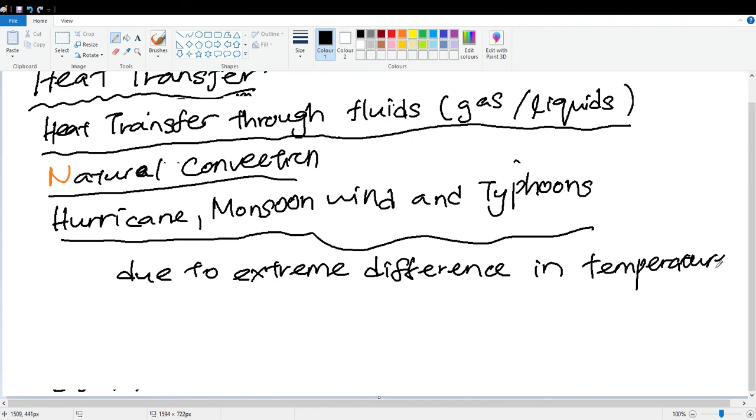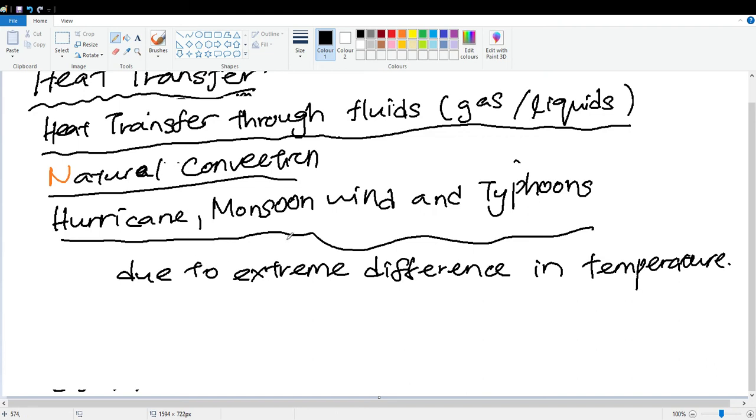So if there exists a very big temperature difference in the surroundings, let's say our ground is quite hot, and hence the sky actually has the cold air, which is denser.